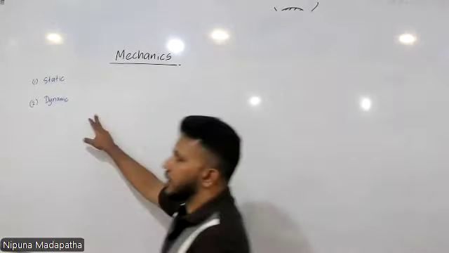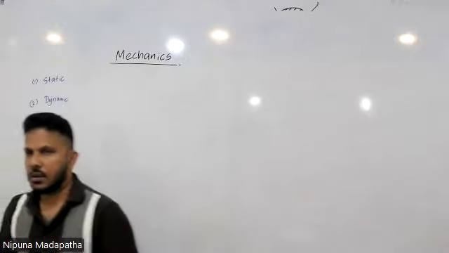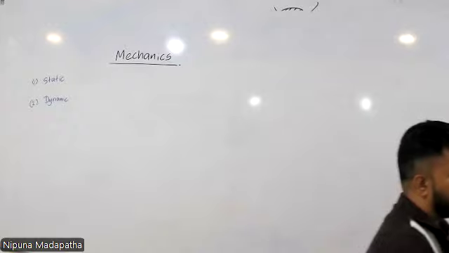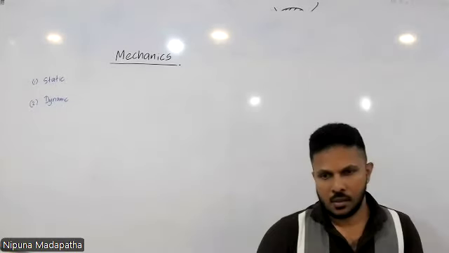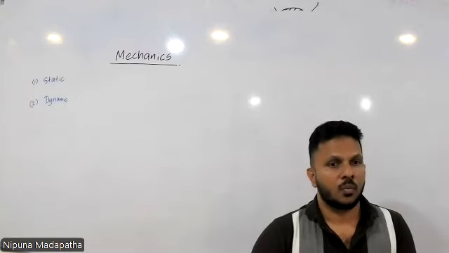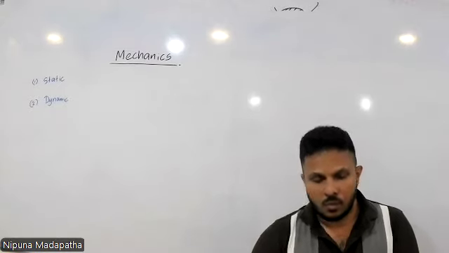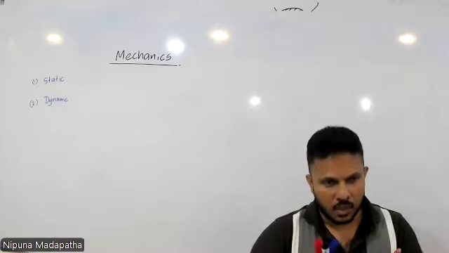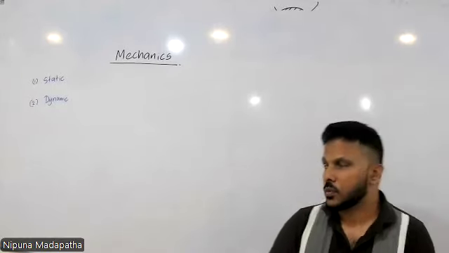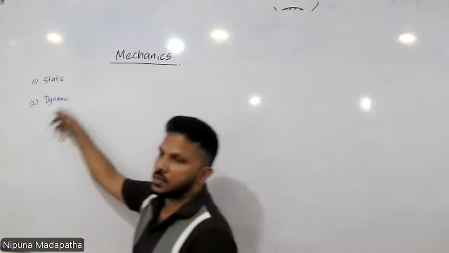The next one is dynamics. There is a topic called kinematics, in which we study the motion of an object: how it accelerates, what the velocity is, what the speed, distance and displacement are. Those sorts of things we study in dynamics.